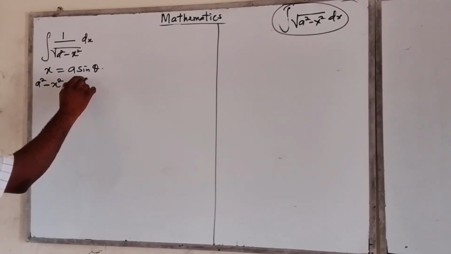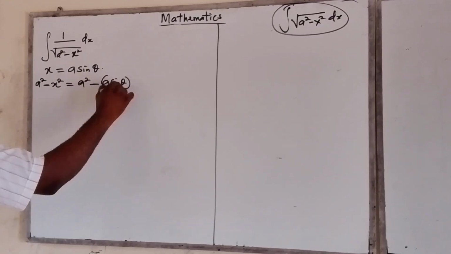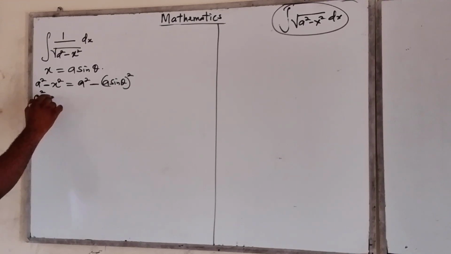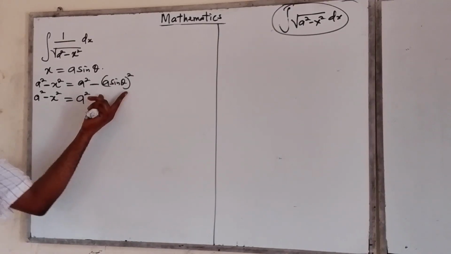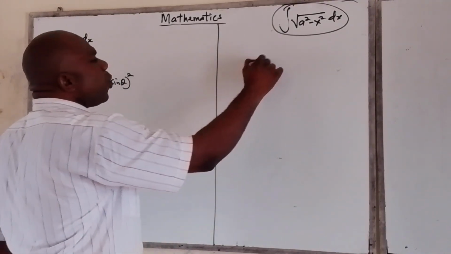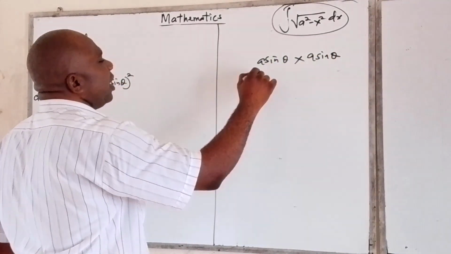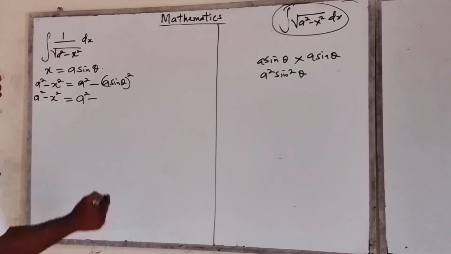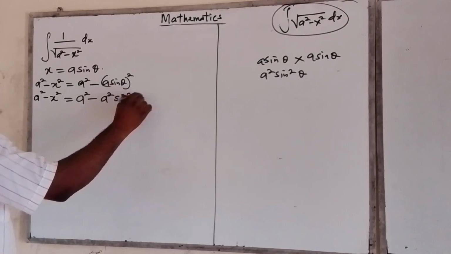equal to a squared minus a sine theta all squared, because x now is actually a sine theta. So a squared minus x squared will be equal to a squared minus a sine theta times another a sine theta, and that will give us a squared sine squared theta.